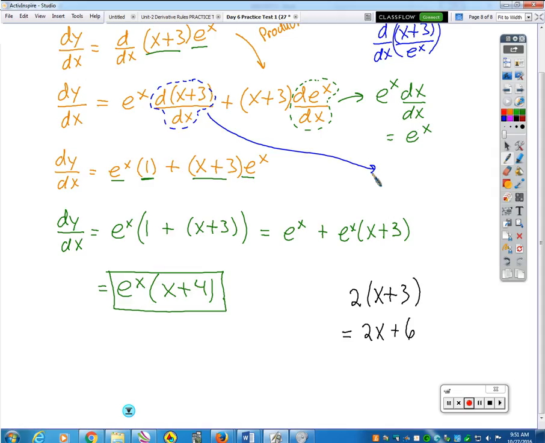You use the add subtract property first. What's this equal to?